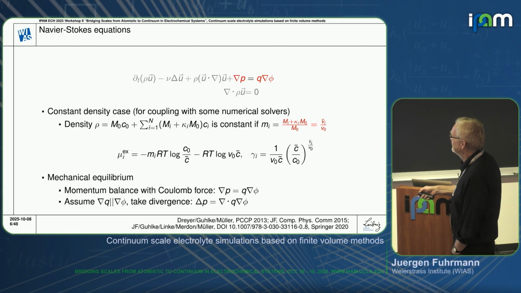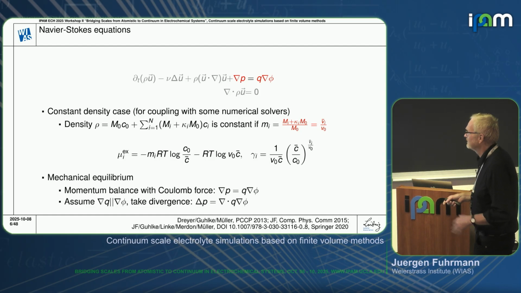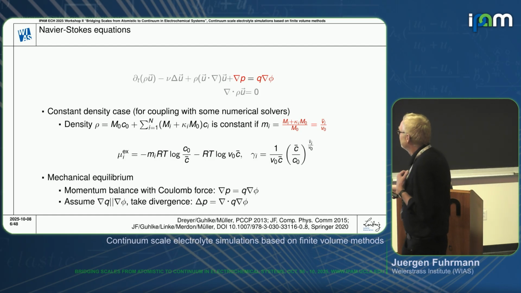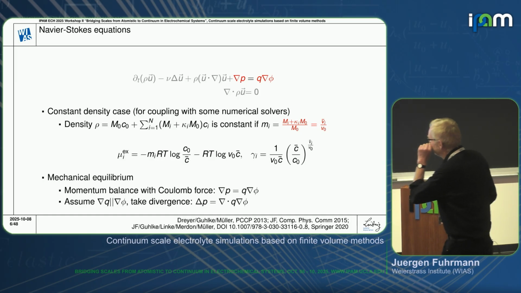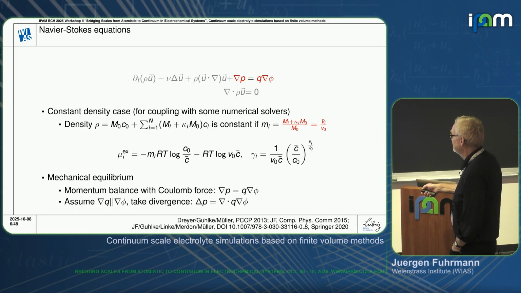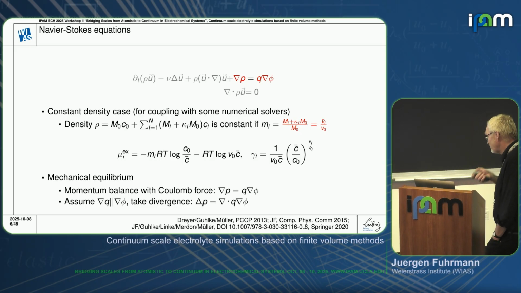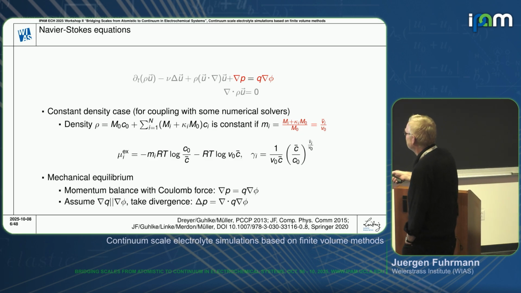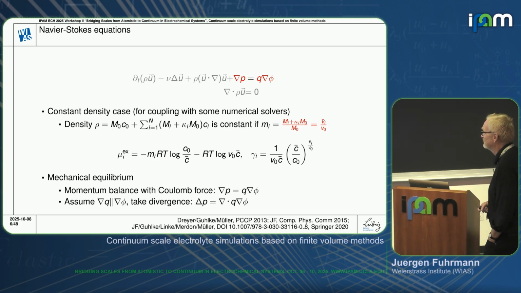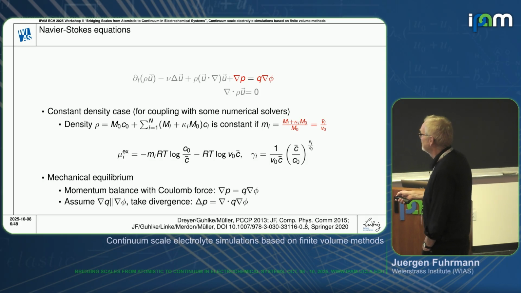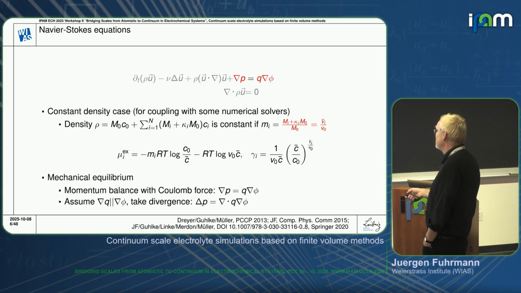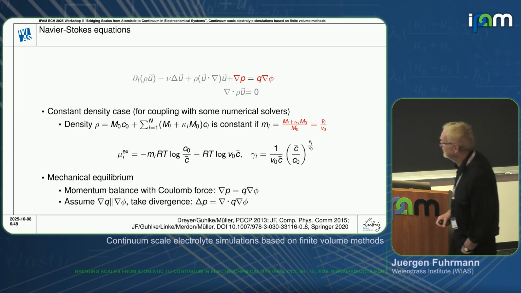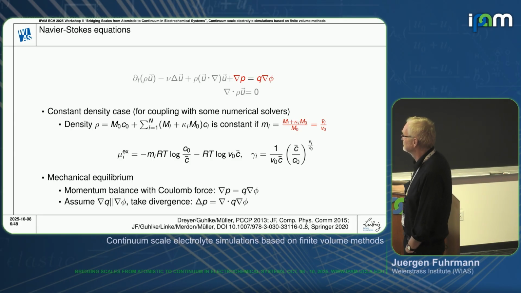So we can make a submodel where we just assume a constant density case, which has the same relation where the relative molar masses are equal to the relative solvated molar volumes, and we get another form of the excess chemical potential, which, by the way, is also independent of the pressure.